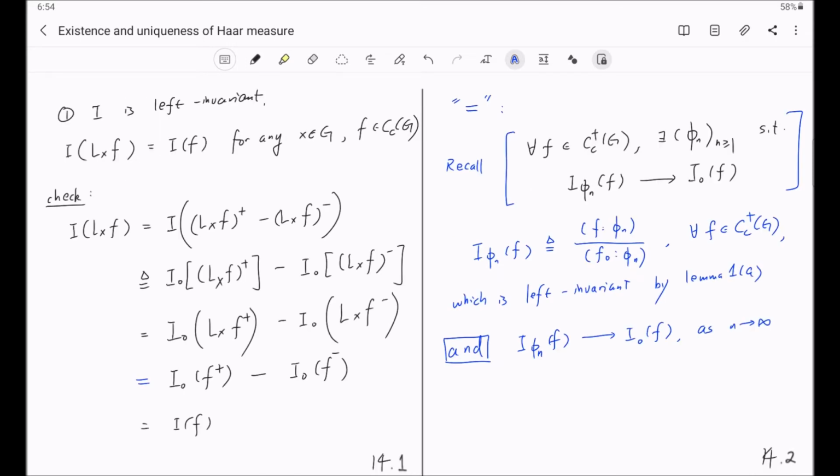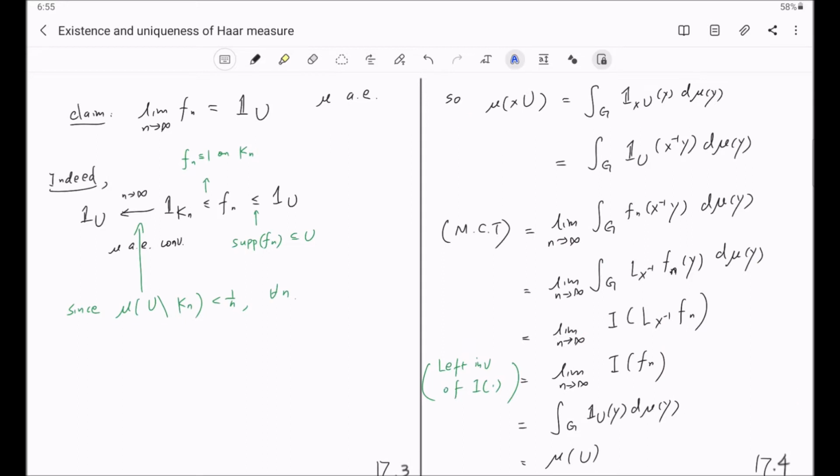Actually, you know what? In the existence proof part, we start with the invariance of functionals, and only later on we move to the invariance of measures. So actually, the invariance of the functional is something we got before we can even prove the invariance of measures.